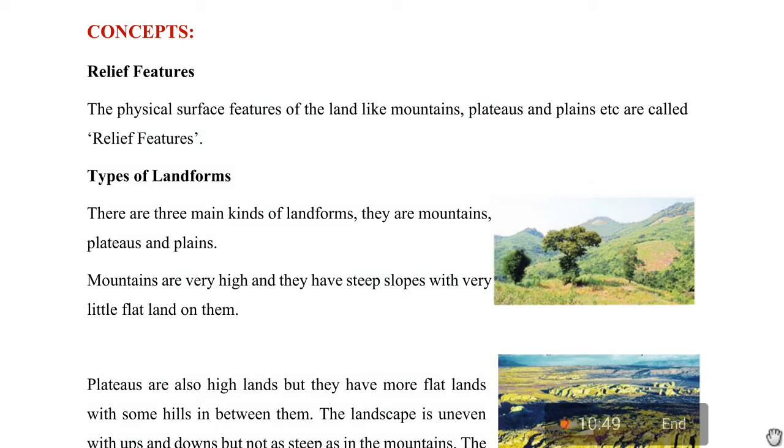Mountains. Mountains are very high and have steep slopes with very little flat land on them. If you see, mountains are very huge and very high, with very narrow steep slopes, and between one mountain and another we can see only a little flat land.